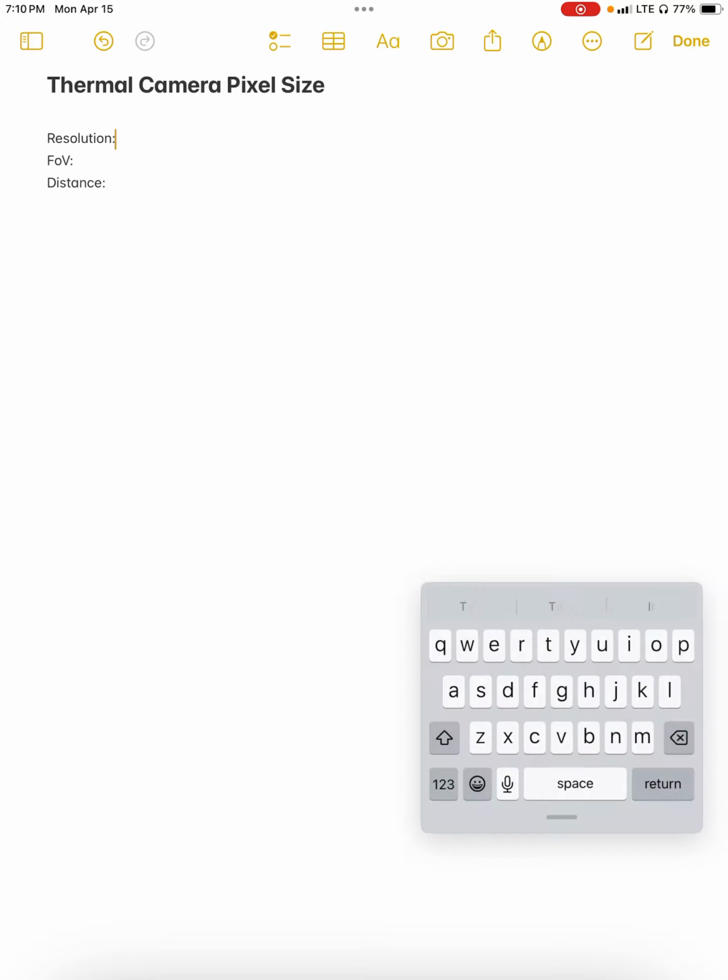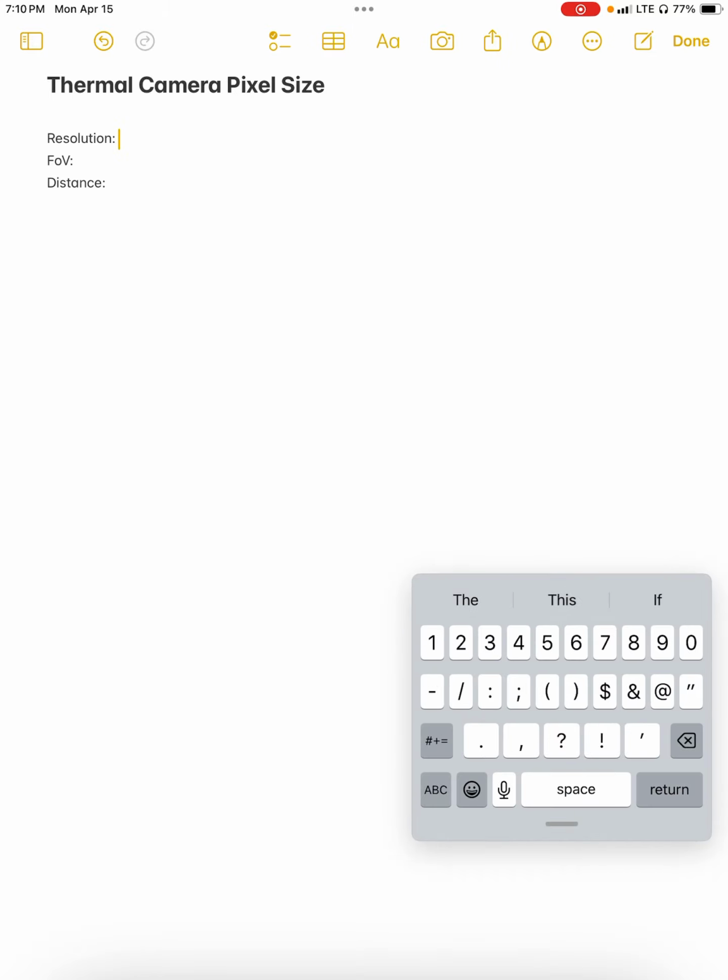So to start this off, for my resolution, I'm going to use an example resolution of 640 by 480 pixels. This is considered standard definition, but for a thermal camera, this is a pretty decent definition camera.